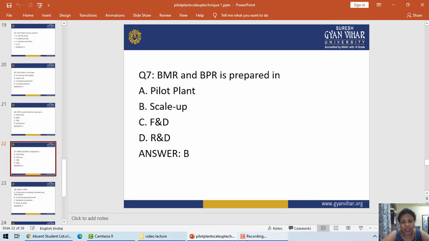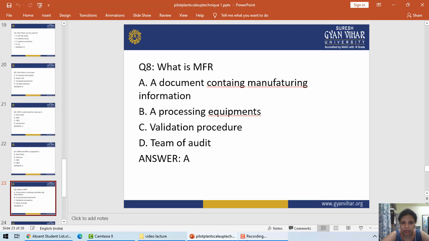Next question, BMR and BPR are prepared in pilot plant, scale up, F&D or R&D. Answer is B, that is scale up. BMR, batch manufacturing record, and BPR, batch processing record, are all prepared in this. What is MFR?